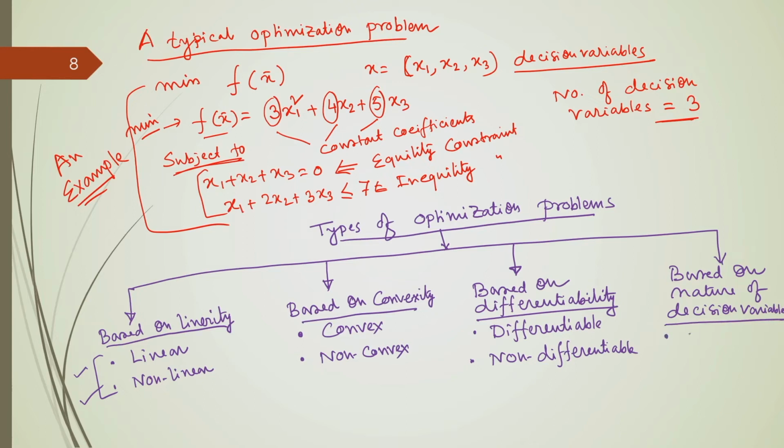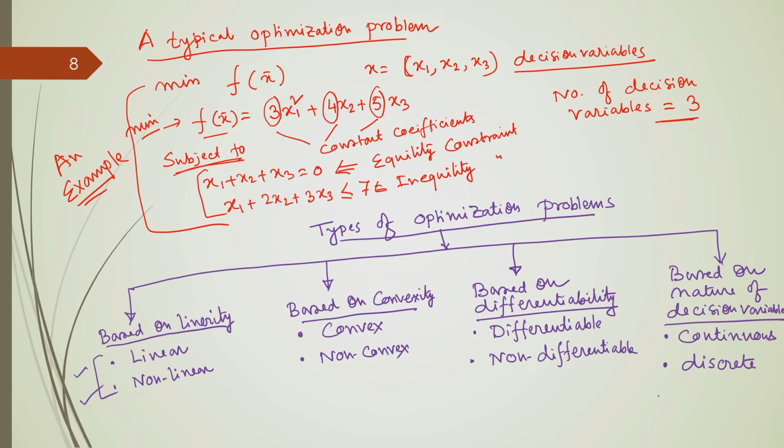Based on this, we have continuous problem, where all the decision variables x 1, x 2, x 3 to x n are continuous, or we can categorize as discrete optimization problem, where all decision variables are discrete in nature.